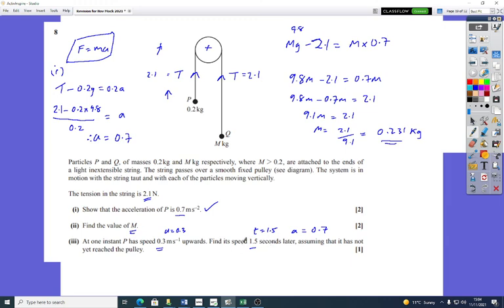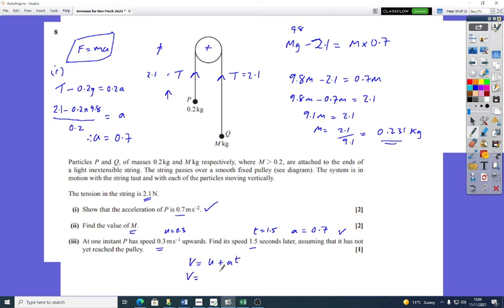Now we need to find the final speed. So that is v. So we can use suvat because the acceleration is going to stay the same here. It's not going to change. It's constant acceleration. So final speed is going to be u plus at.